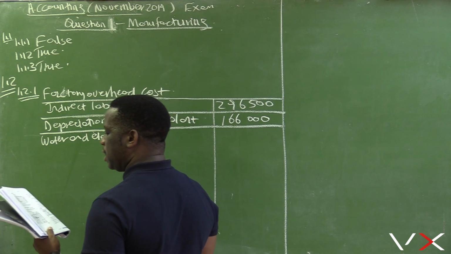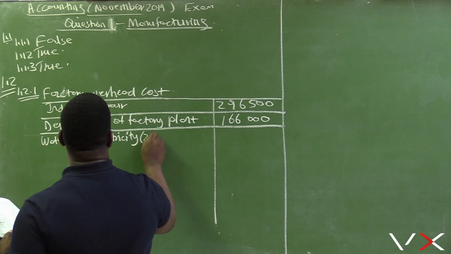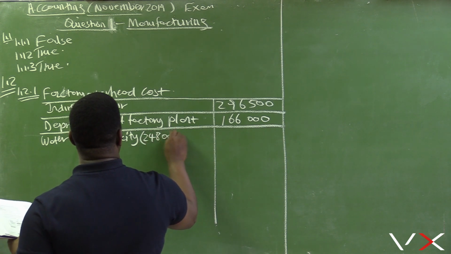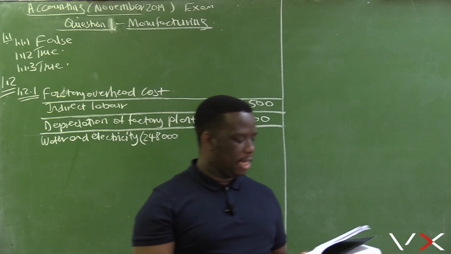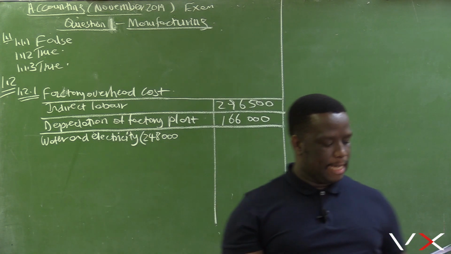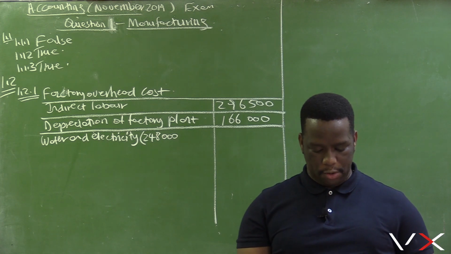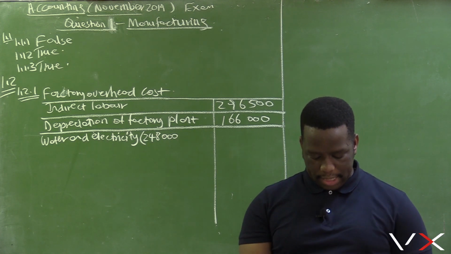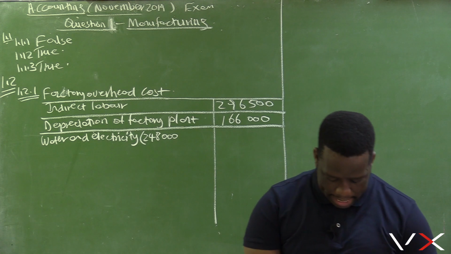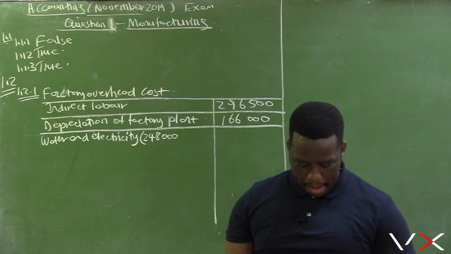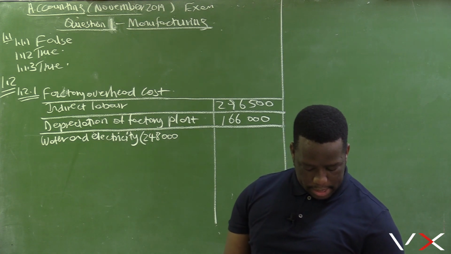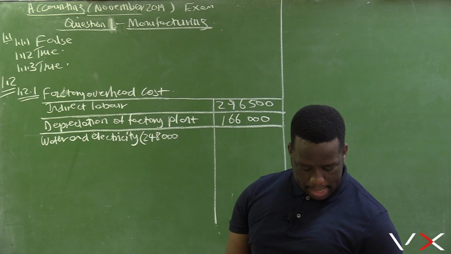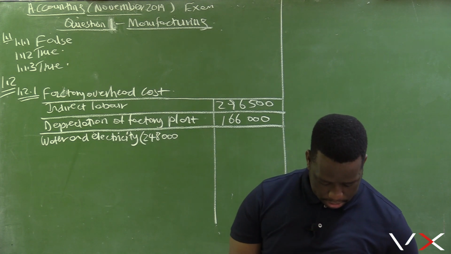We then proceed to water and electricity, and the amount given is 248,000. Then there is an adjustment to factory overheads for desks. It says water and electricity for February 2019, 18,000, must be taken into account. 80% is allocated to the factory, the balance is an administration cost.